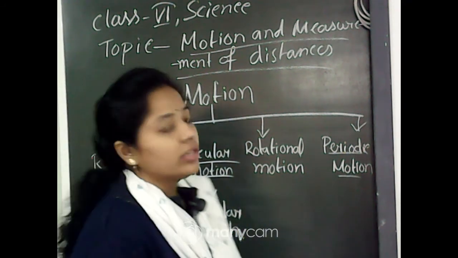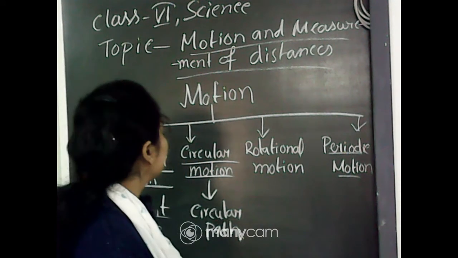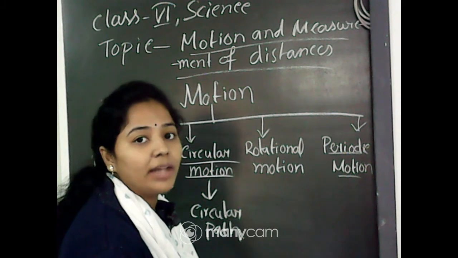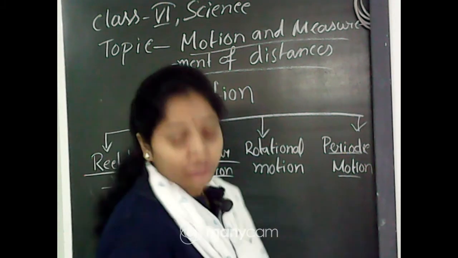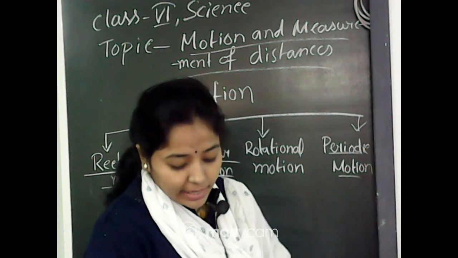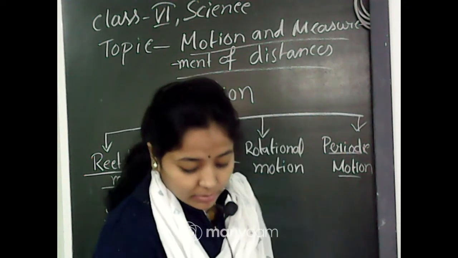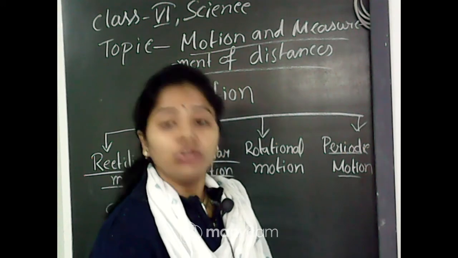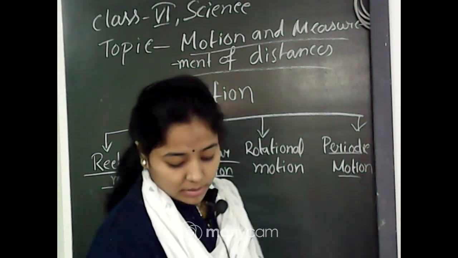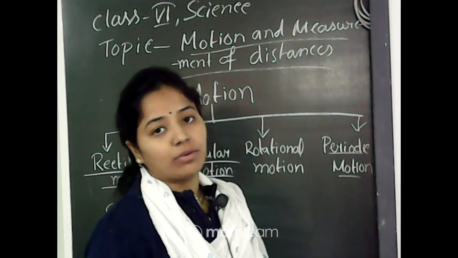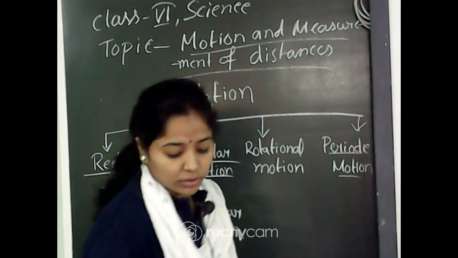Understood? So this is called circular motion as the object moves in a circular path, and there are so many examples of it: the blade of an electric fan, and also the hands of a clock. I hope you understood.